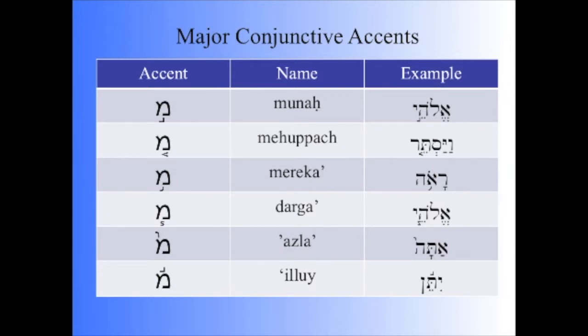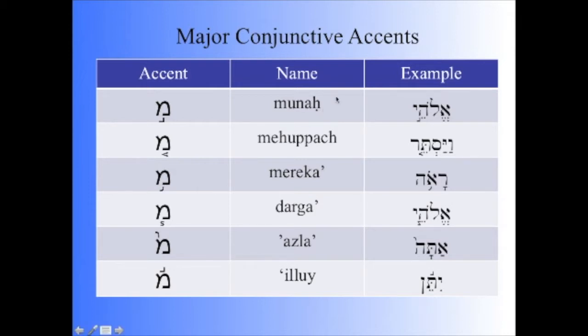There are also what they call conjunctive accents. These accents point towards the fact that there's another essential word in the phrase or clause to follow. It's interesting that a lot of them point to the left, which means they're pointing towards the next word as being part of the same sequence.